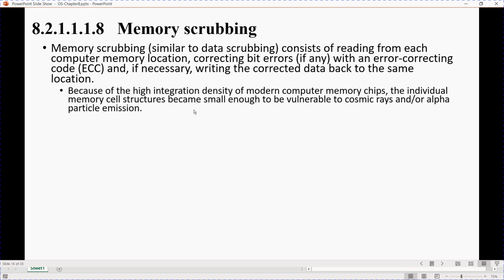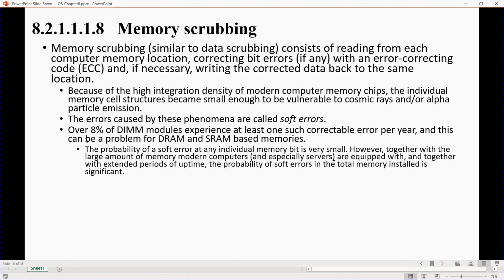Now, because of the density and the small size of the memory cells in the computer chips, individual memory cells are small enough to be affected by cosmic rays or radioactive decay particles. These errors, not programming, not built in, are soft errors.